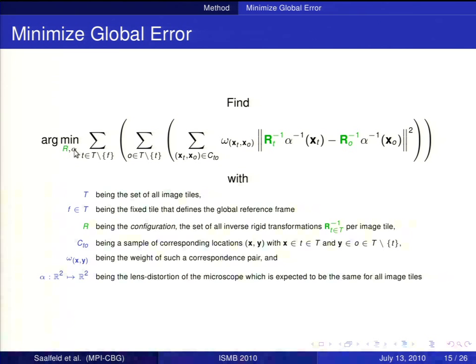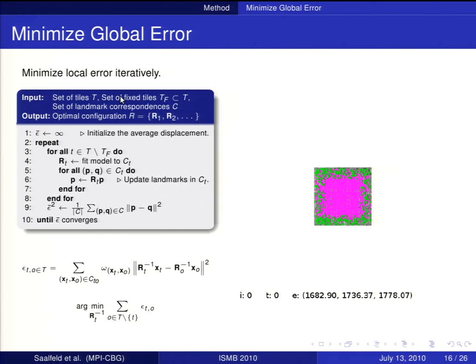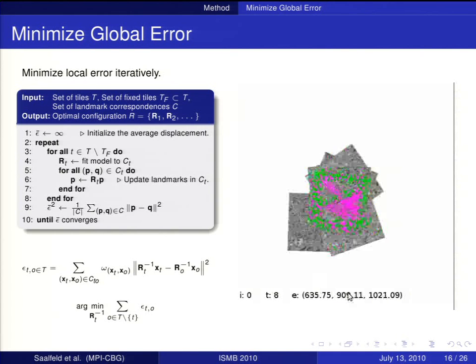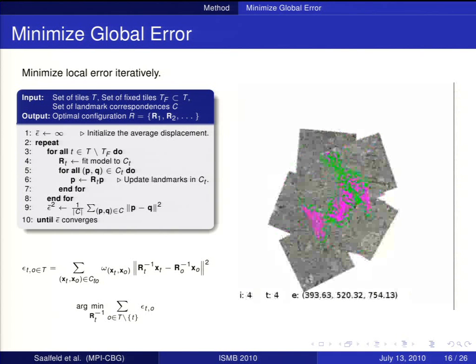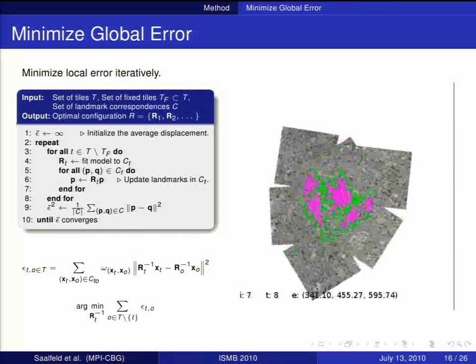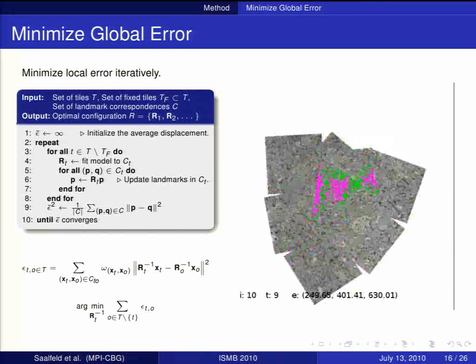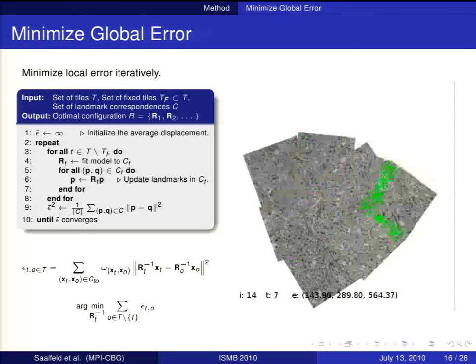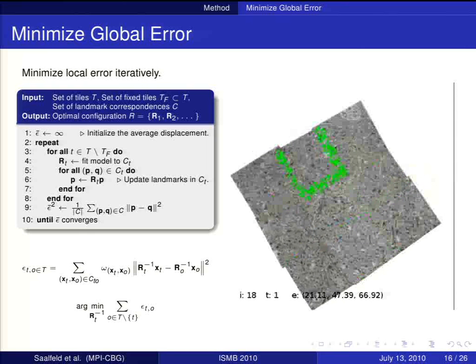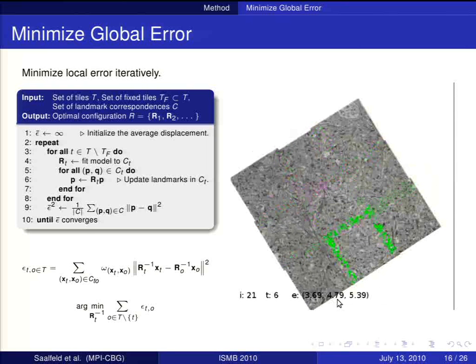And for now, we let this transformation be identity. We do this in an iterative scheme: in each iterative step, we estimate with a closed form solution the best transformation of each individual tile, then update the whole system, keep the rest fixed for the next time, and so on, until the overall error converges.